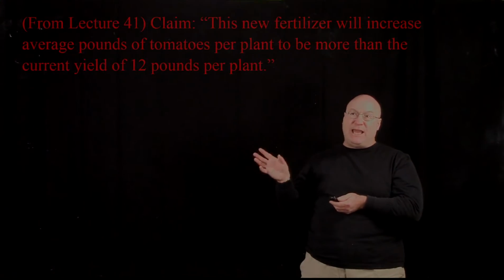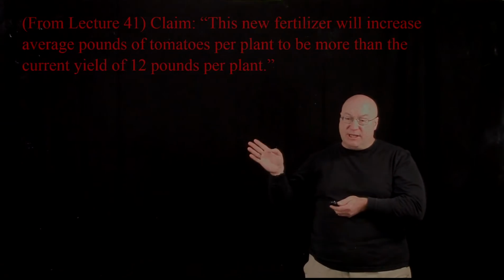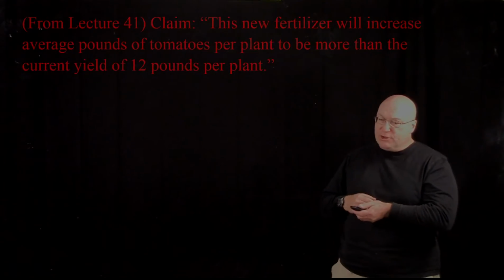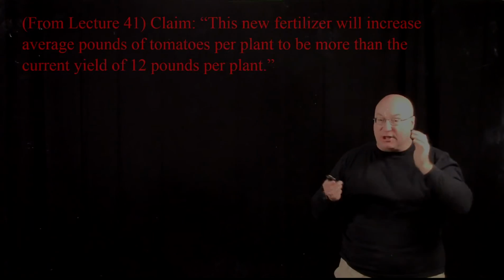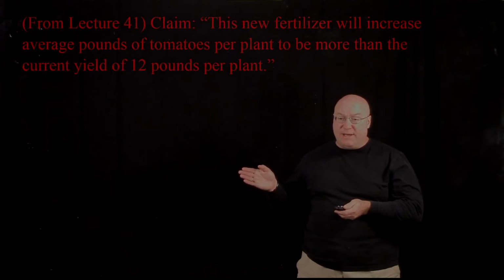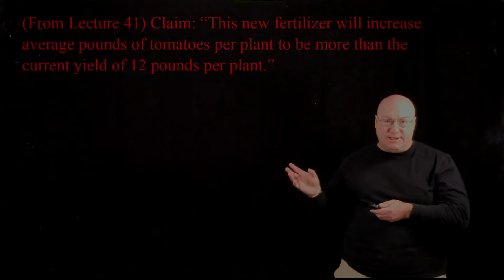You have some claim you're trying to establish as being true or false. And here's the claim: this new fertilizer will increase average pounds of tomatoes per plant to be more than the current yield of 12 pounds per plant. There's a lot of information in there. If you go back and review that example, you'll see that we are capturing the essential question.